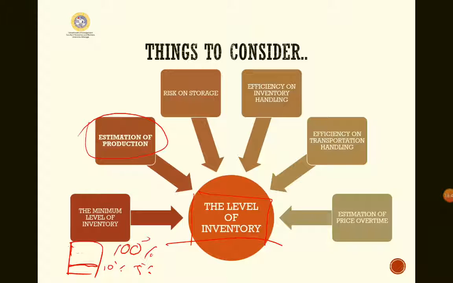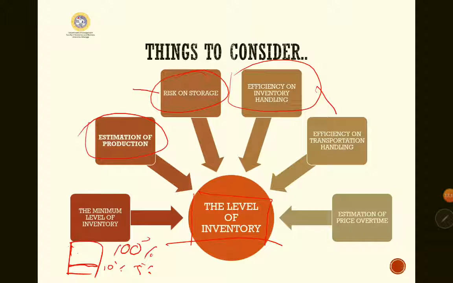So you should decide, or you have, an estimation about the production quantity. Then the risk on storage, just like I mentioned before, some goods might be perishable goods, or they have a short period of time for storage. And the efficiency of inventory handling, how efficiently you handle your inventory from the supplier until it arrives in your warehouse.